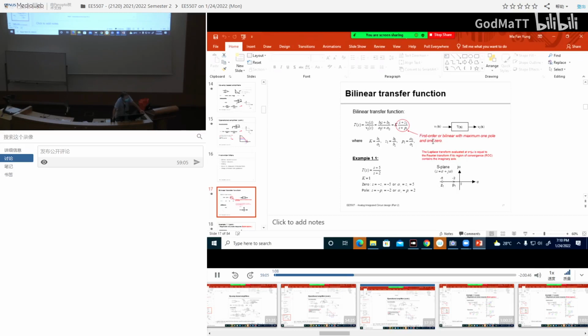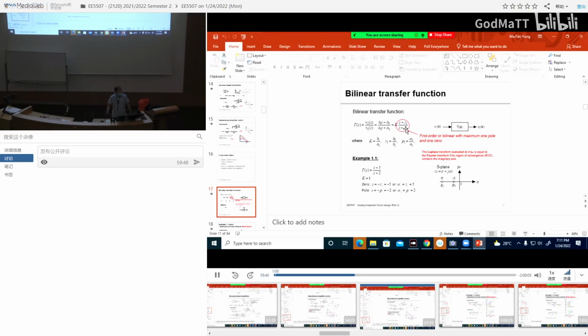1 pole, no zero, it's still bilinear. We mean that the zero is at infinity. So you can consider there's 1 pole, and the zero is very far away.